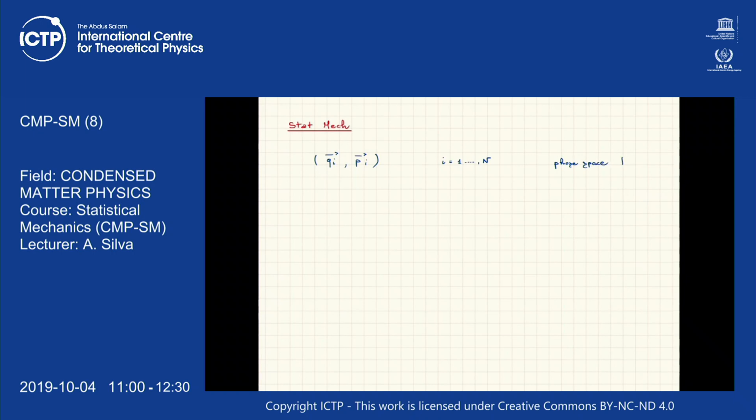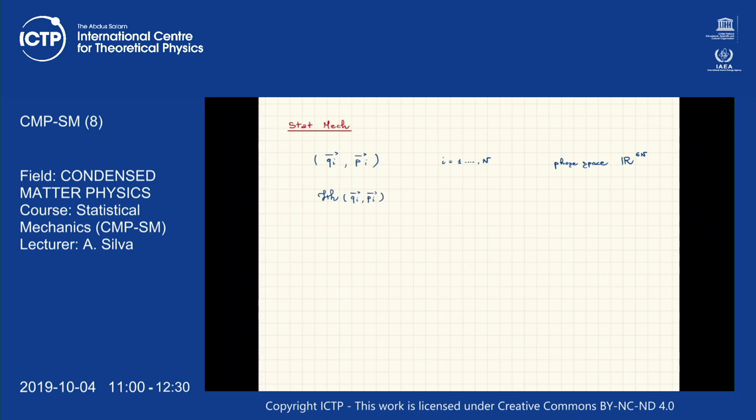And in particular, I will have what is known as a phase space, which is the set of real numbers R^6n, where n is the total number of particles. And in particular, I will have a certain Hamiltonian function, this is an H, written up in a fantastic way, that is a function of qi and pi.